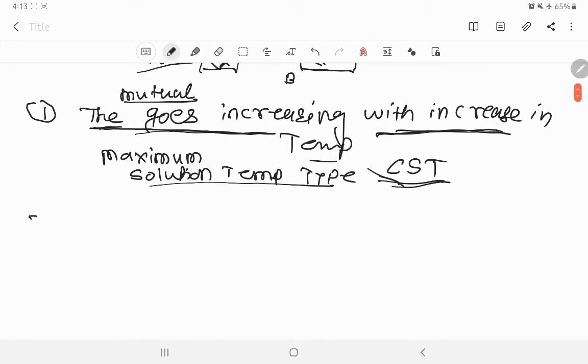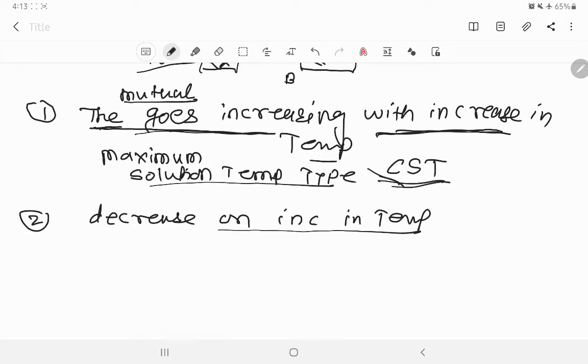The second type of solution is the solution whose mutual solubility decreases on increasing temperature. If we increase temperature, mutual solubility decreases. Such solutions are called the minimum solution temperature type, or minimum CST, lower CST.